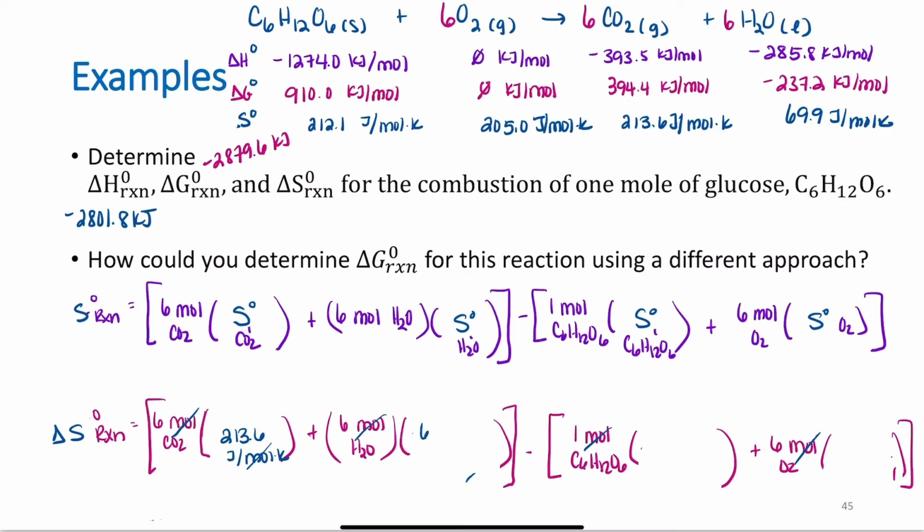For H2O, 69.9 joules per mole K. With moles canceling out. For C6H12O6, 212.1 joules per mole K. With moles canceling out. And for O2, 205.0 joules per mole K. With moles canceling out. And my delta S of my overall reaction here equal to negative 356.1 joules per Kelvin because moles have canceled out.